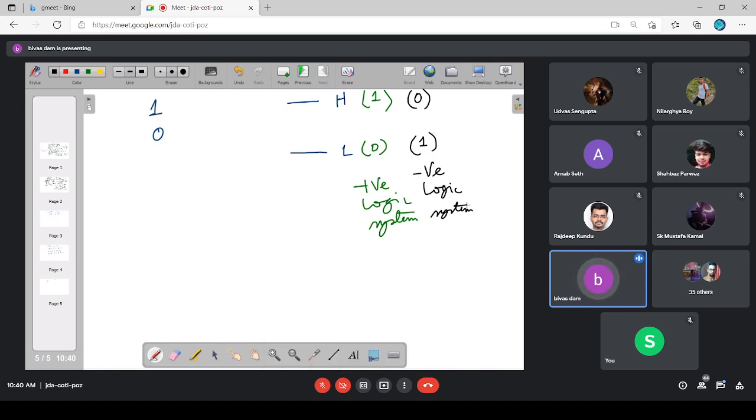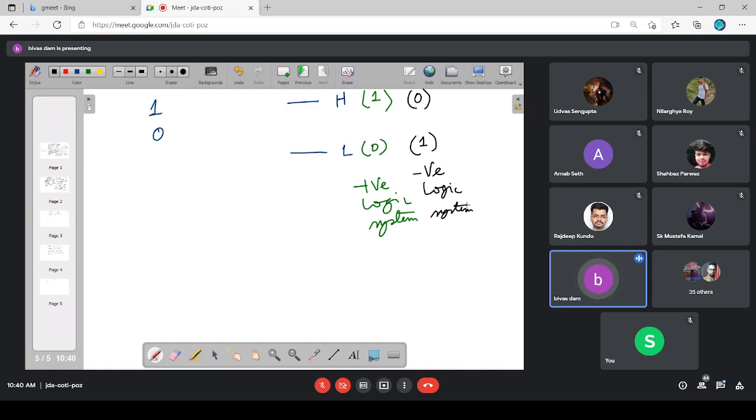Remember, these logic systems are basically concepts. Conceptually, if we consider that our higher voltage level is the Boolean true value and the lower voltage is the Boolean false value, or Boolean 1 and Boolean 0, then we are considering the logic system to be a positive logic system.